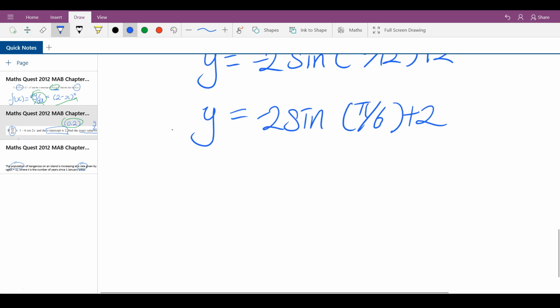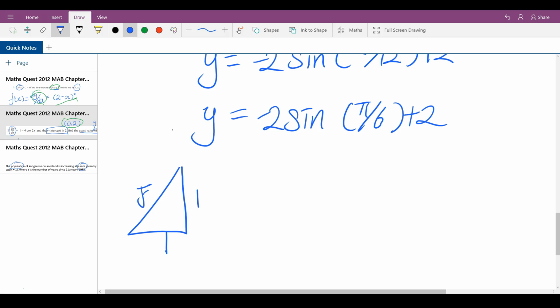Now, what is sine pi over 6? Well, lucky this is a nice angle. We can use one of the two special triangles to work it out. The first triangle is 1, 1, root 2. Both angles are 45 degrees, and 45 degrees is pi on 4.